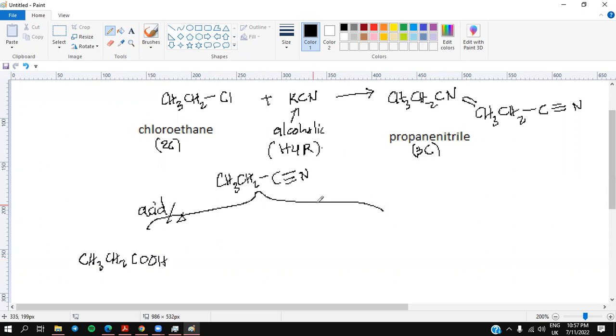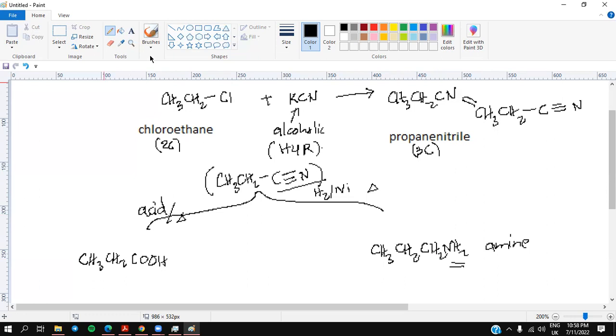At the same time, if you use a reducing agent for this, like hydrogen, nickel catalyst, and heat, you will get CH3, CH2, CH2, NH2. This is an amine because there's an NH2 part. So this halogenoalkane has gone to an amine.